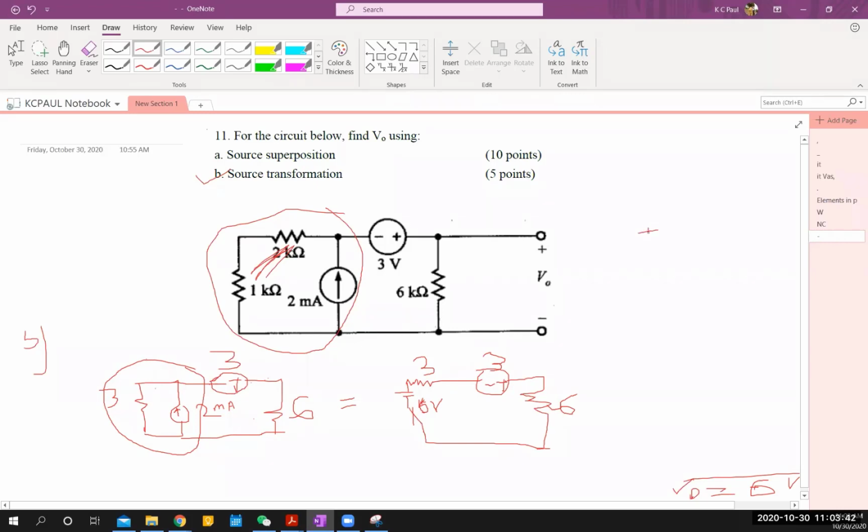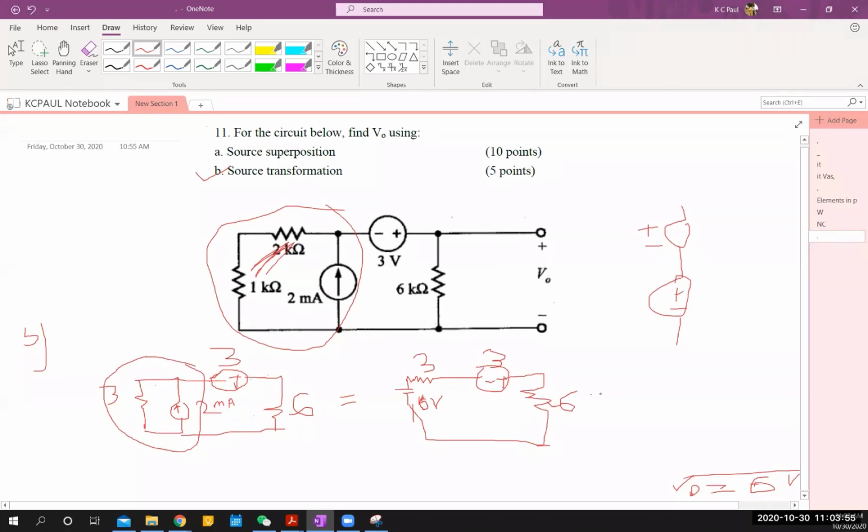So basically, plus minus, this is one source and another source here, plus minus. These two are connected in series, so in the next part you can easily say they are connected in series, and you can replace them with only one element here. So that is 9 volts, right?